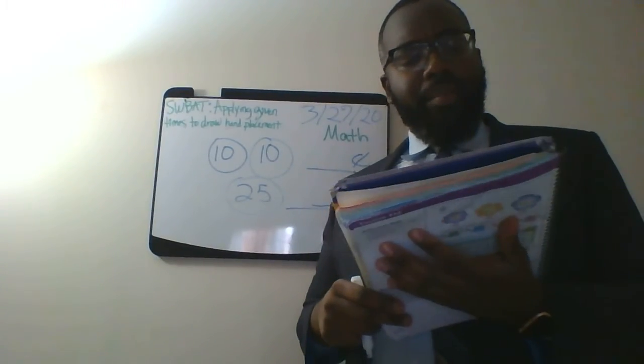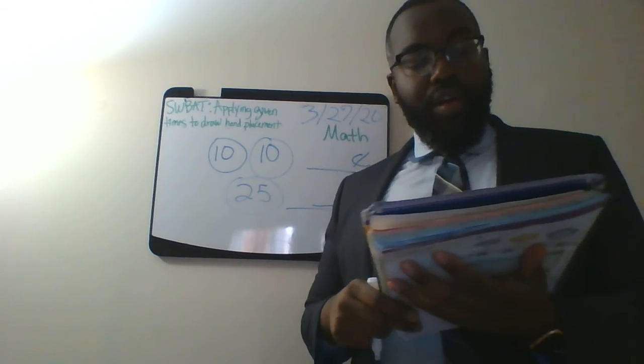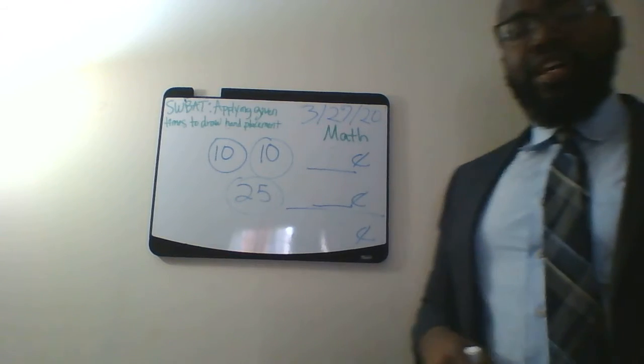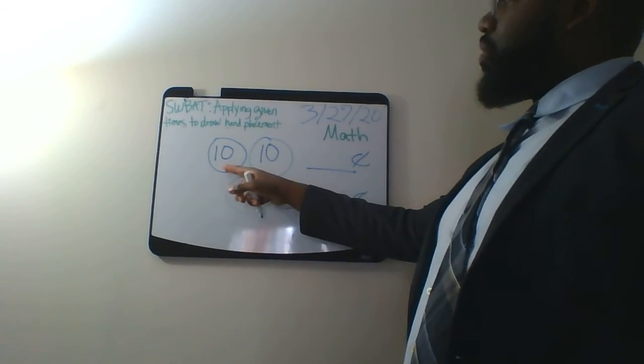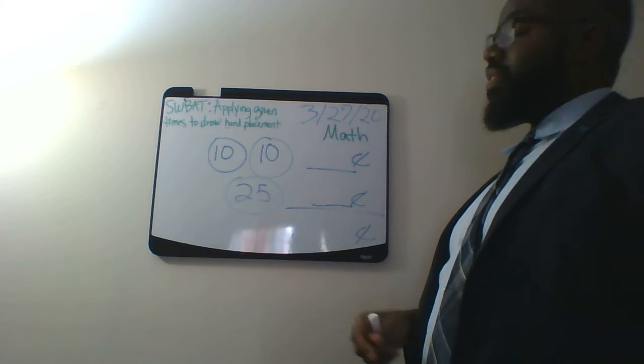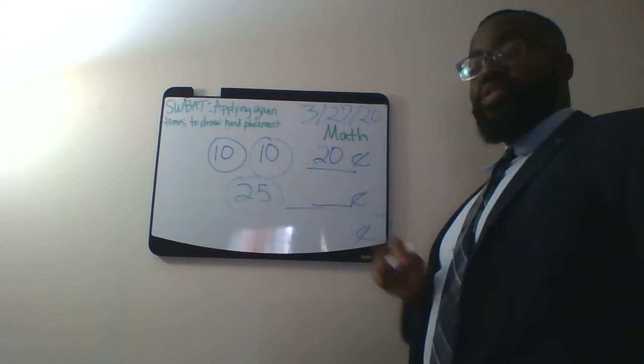The second part of number 3 says Alex had 2 dimes and 1 quarter. How many cents did he have? So we have to figure out how much change he had. So 2 dimes. I noticed I put 10 and 10. That represents 2 dimes. 20 cents. Good job. Now a quarter is worth 25 cents.